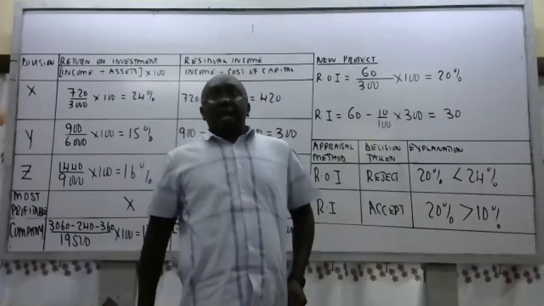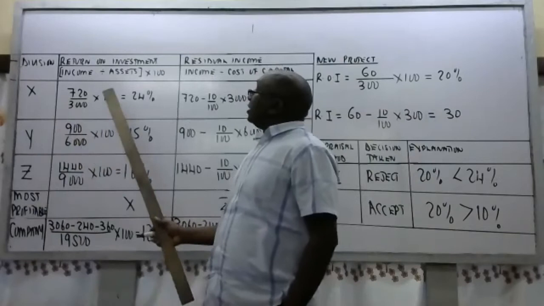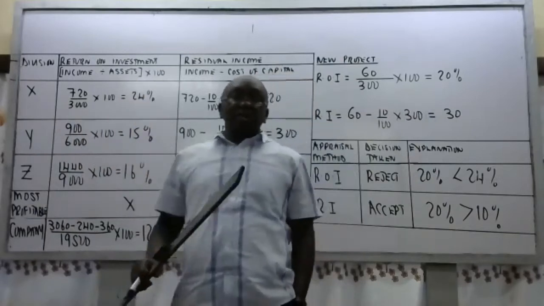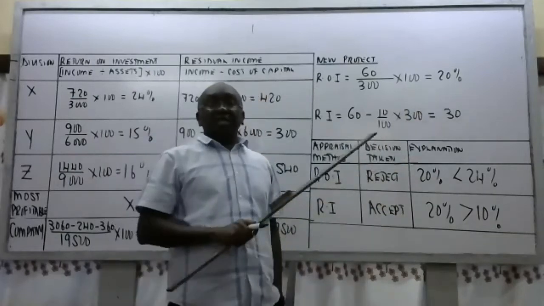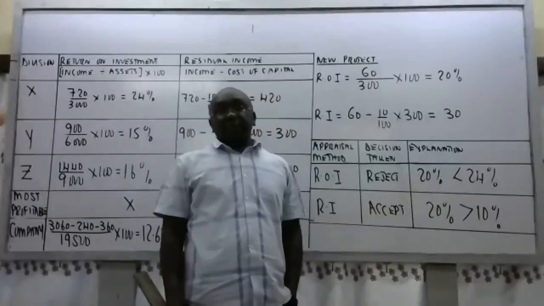So this new project at hand belongs to division X. And you can see currently division X is having 24. But the new project is coming with 20. So we should reject it because 20 is smaller than the existing.